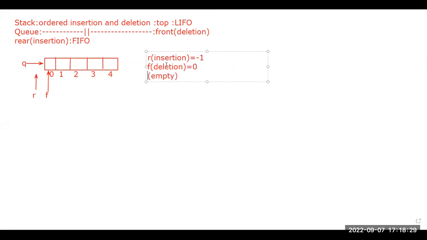Whenever F is greater than R, the F value is 0 and the R value is -1. At any point of time, if F is greater than R, it means the queue is empty. Just remember this condition because later this will be useful.